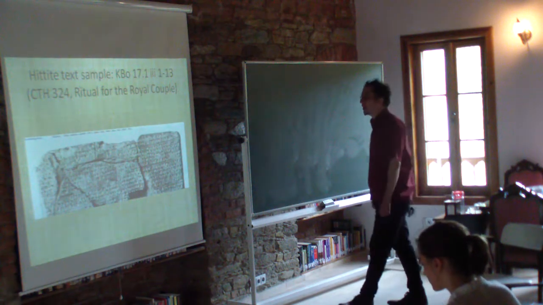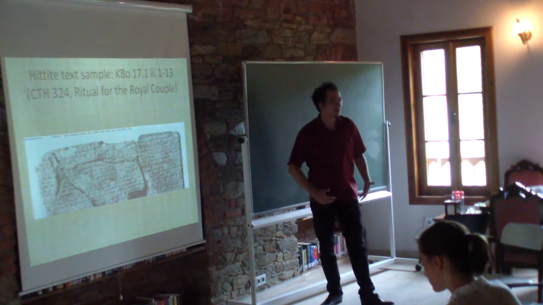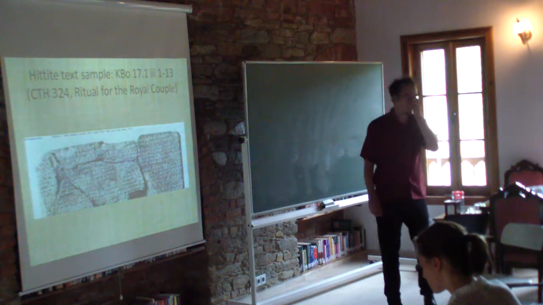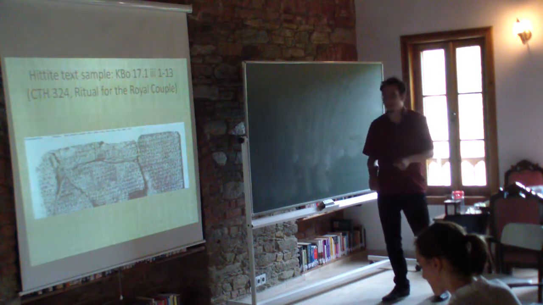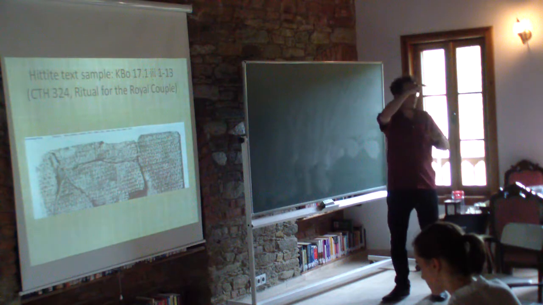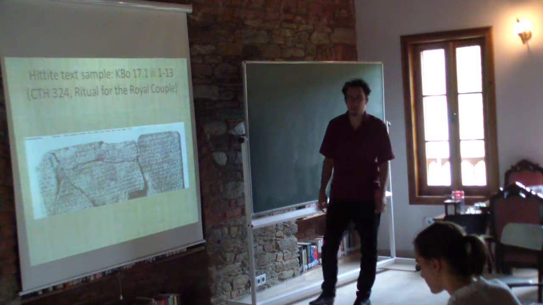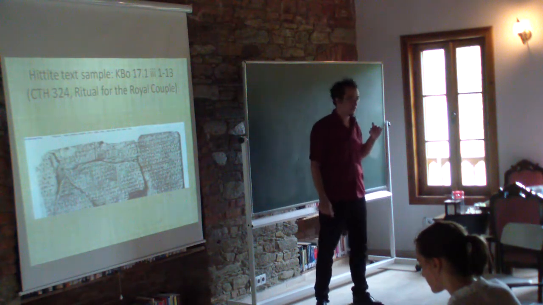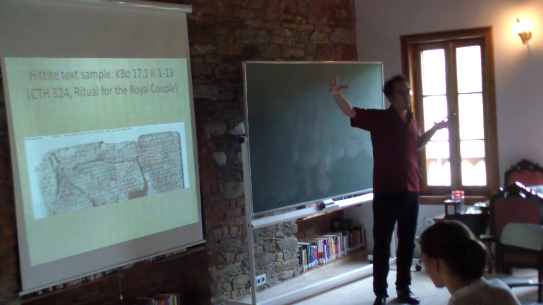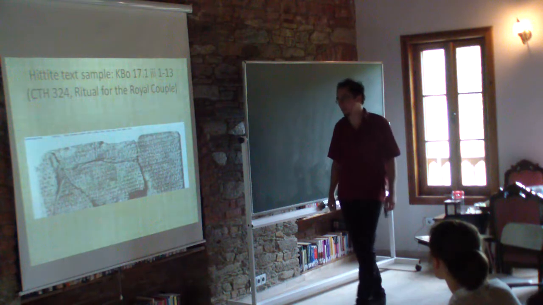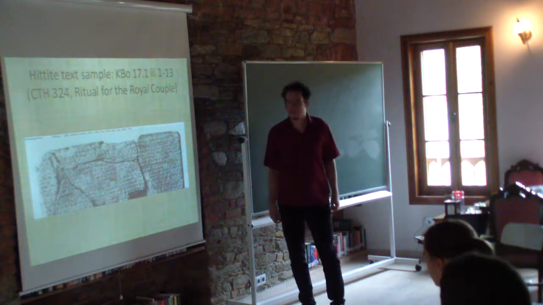Now let's look at some text. How does Hittite look like at all? So we know Hittite from cuneiform tablets. They are clay tablets. The size can be from this until quite big. If you go to the Istanbul Archaeological Museum, to the main buildings, not in the nearest collection, you can find a lot of cuneiform tablets on display. They look like this.